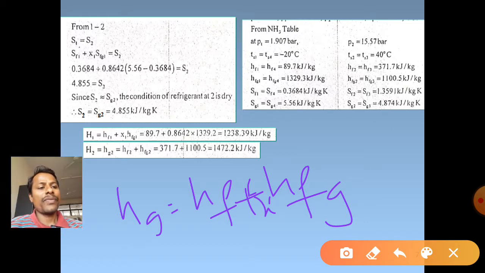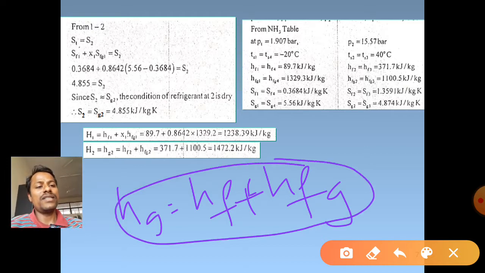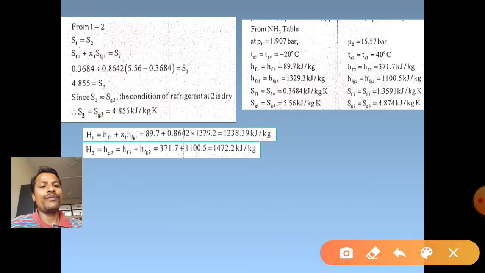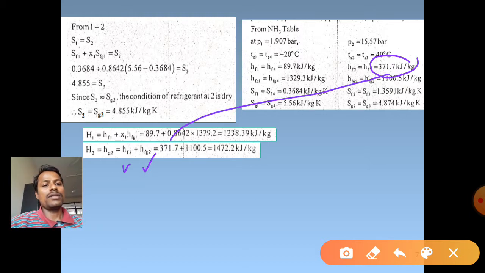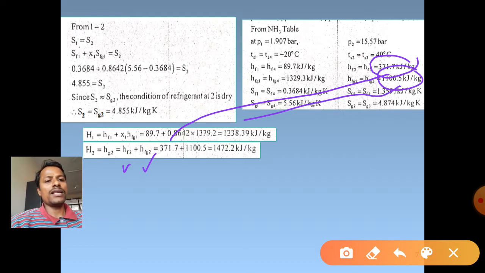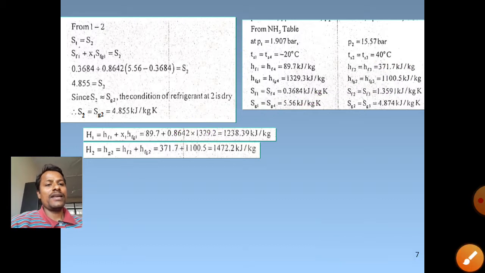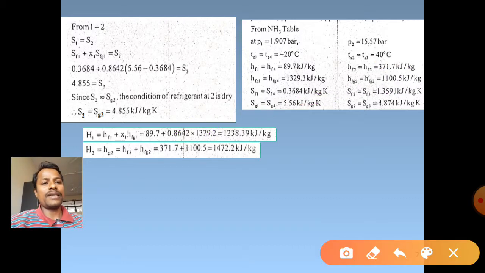So hence it is HF plus HFG applied to state 2. Now H2 is HF2 plus HFG2. HF2 we have the value 371.7, which we have substituted here. For HFG2 we substitute the value 1100.5. Finally, I am able to calculate H2 here.